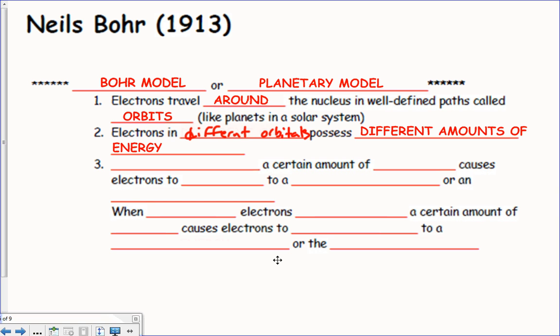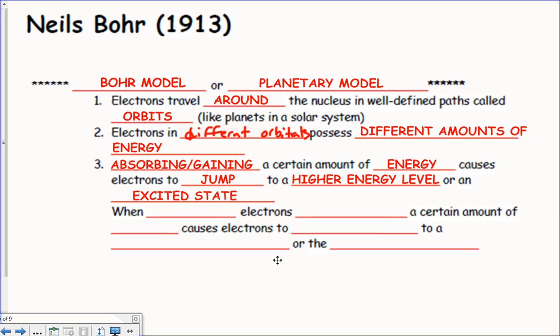If they're in different orbitals, they have different amounts of energy. Absorbing or gaining a certain amount of energy causes electrons to jump, just like Mexican jumping beans, kind of, right? To a higher energy level or an excited state.